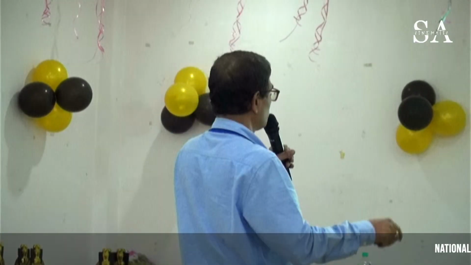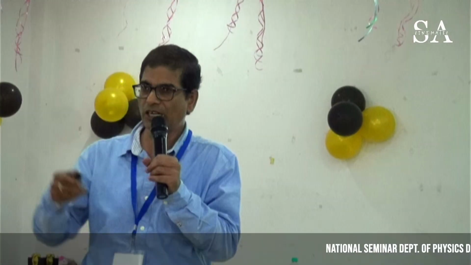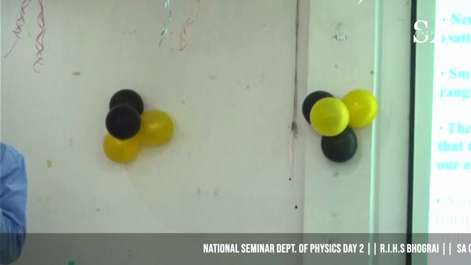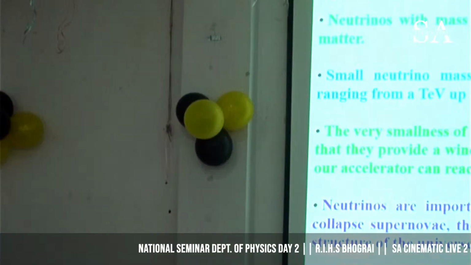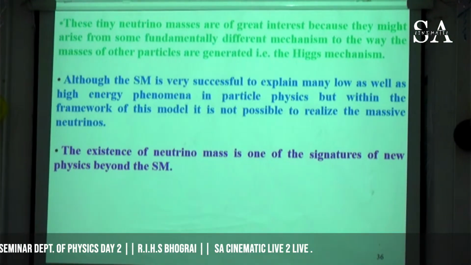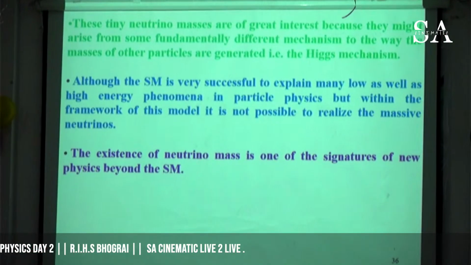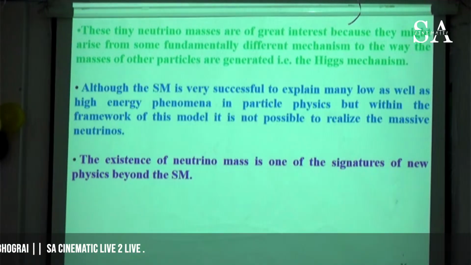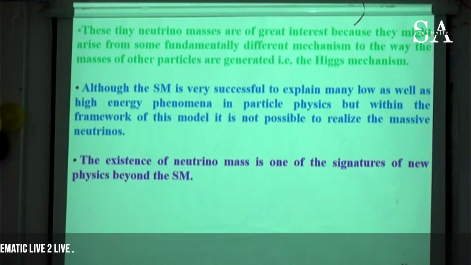Small neutrino masses will be sensitive to new physics, because in the standard model neutrinos are massless. Although the standard model is very successful in explaining many phenomena, the existence of massive neutrinos is one of the signs of new physics beyond the standard model.